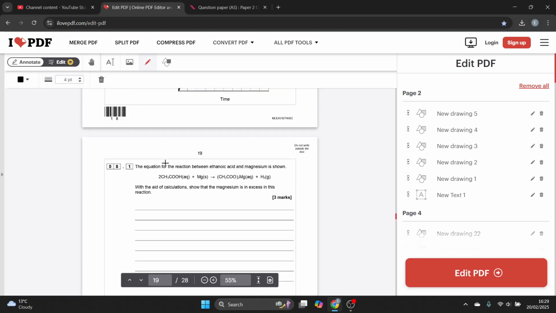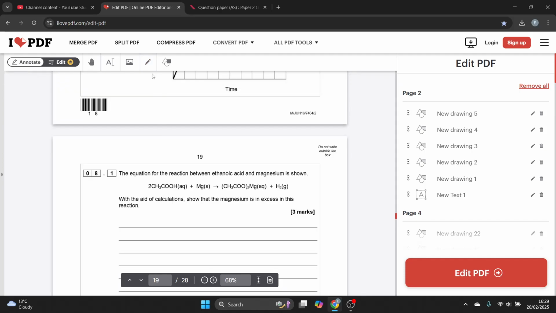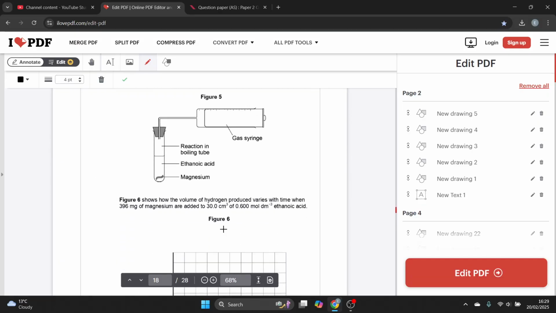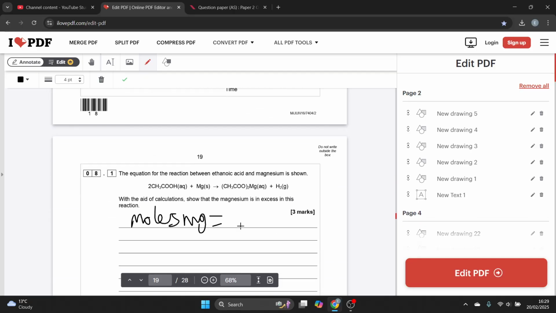Next, calculate to show that magnesium is in excess in this reaction. Magnesium: 396 milligrams, so 0.396 grams, with Mr 24.3. Last time I can remember, yeah, 24.3.